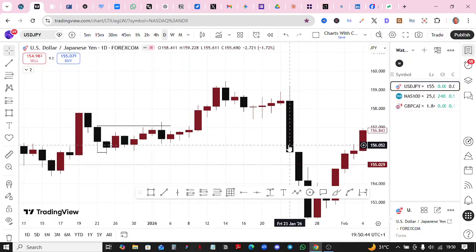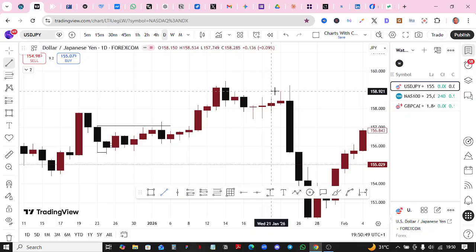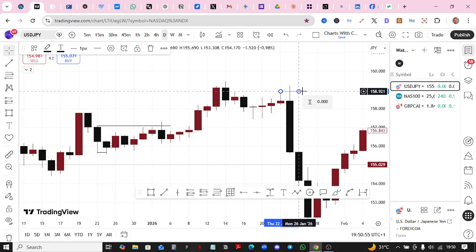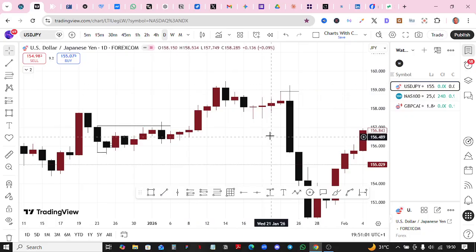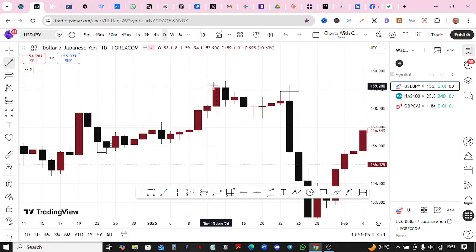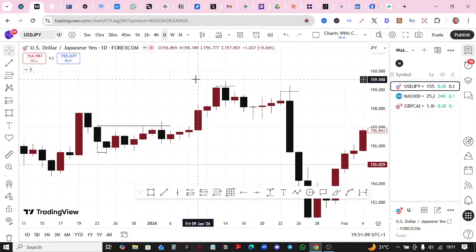Okay, I couldn't get into this trade because of the volatility, the price movement. So this one, price took out that high, right? Price took out that high as buy side liquidity. This is even another one here. Price took out this zone as buy side liquidity, right?